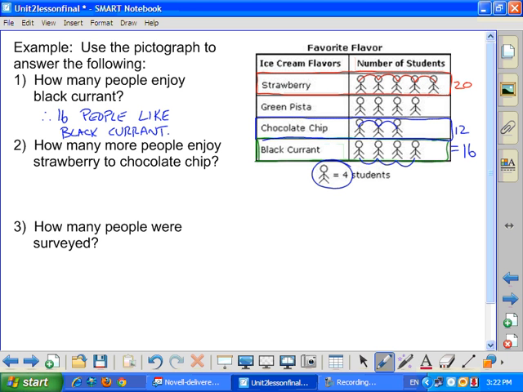I've got 12 people that like chocolate chip. So 20 take away 12 is 8. Therefore, there are 8 more people who like strawberry.